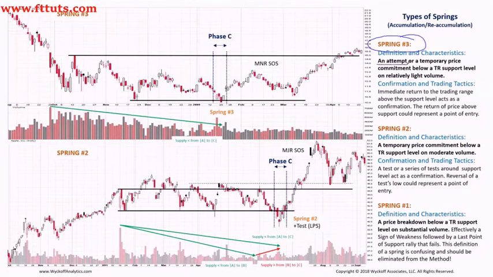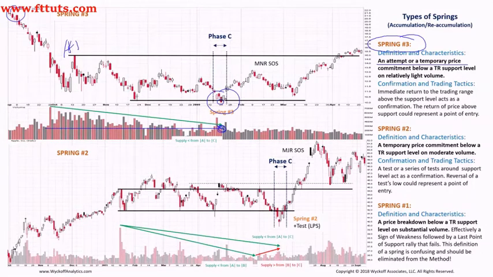There is just an attempt or a temporary price commitment below a trading range support level. We can see here how the price commits to the downside, but it's not substantial. And it happens on relatively low volume signature. Relative to everything that we've seen before, since phase A absorption here in Apple, this is one of the lowest supply signatures.